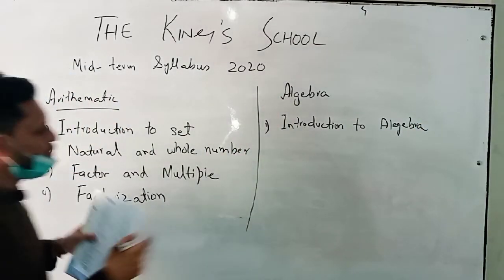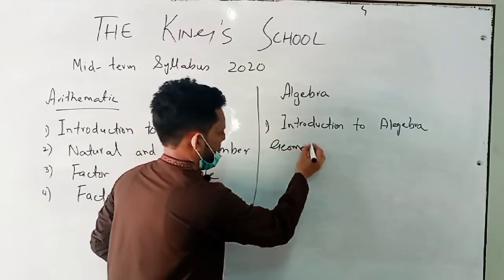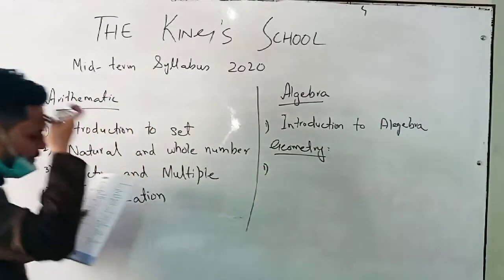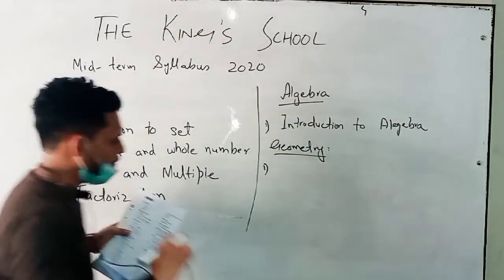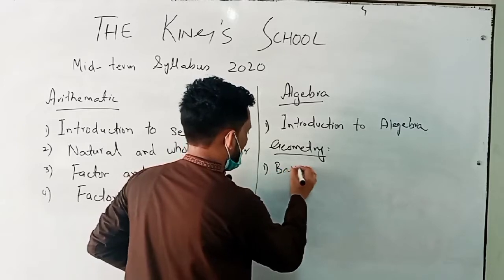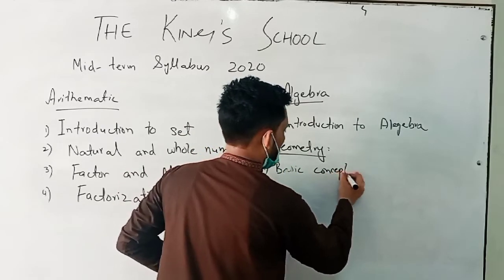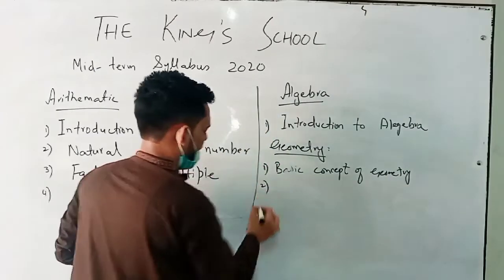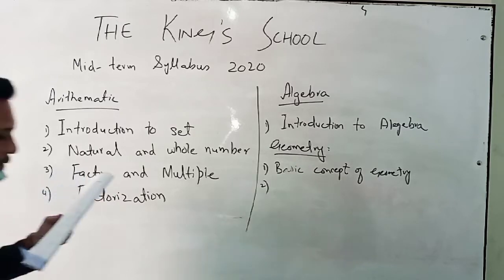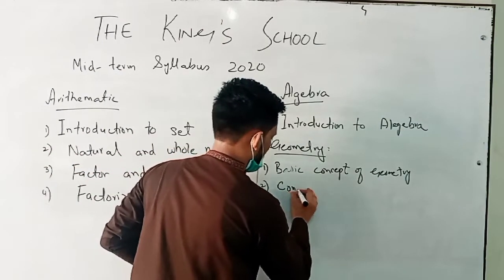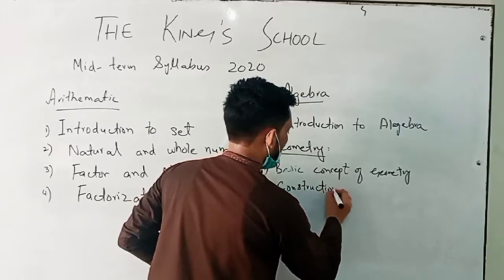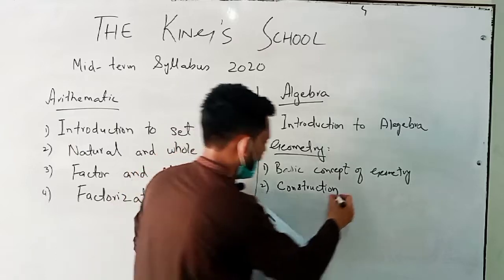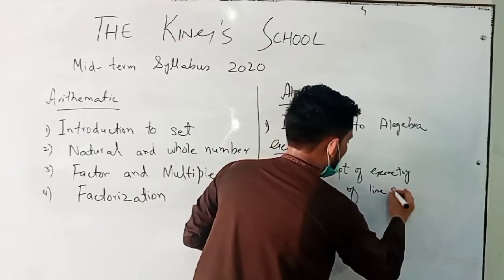And in the geometry question, the first chapter is Basic Concept of Geometry, and the second one is Construction of Line Segment. Kindly note down the syllabus.